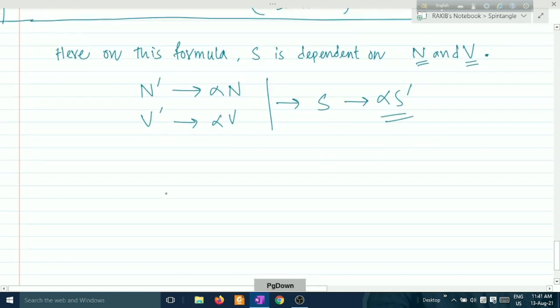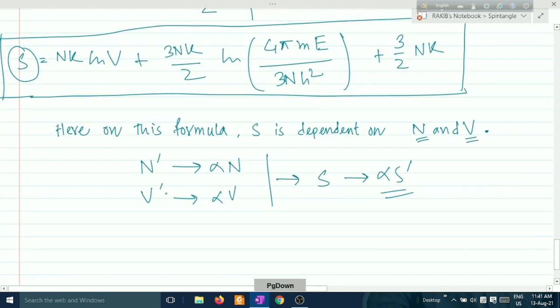check this thing out. In our formula, let's put this. So S prime will be what? Let's put this in the place of nk. Put alpha n k. Sorry, first writing this thing. N prime k ln v prime plus 3n prime k by 2.